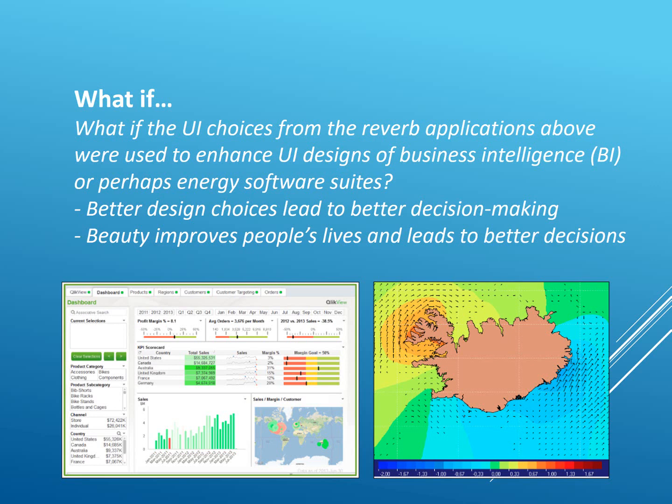You could see a much better structure, a clearer structure, and also a more telling structure of, say, business financials. And I also think that since the interfaces themselves are based on beauty, people's lives in front of the computers will be improved, and this in turn also leads to better decisions.